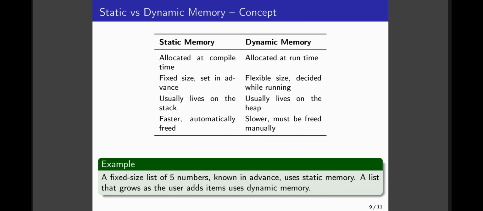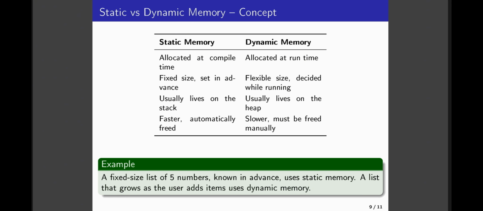And we have static memory and dynamic memory as programming concepts as well. Static memory is allocated at compile time with a fixed size set in advance. It usually lives on the stack and it's faster since it's automatically freed when it's no longer needed. And dynamic memory is allocated at runtime with a flexible size decided while the program is actually running.